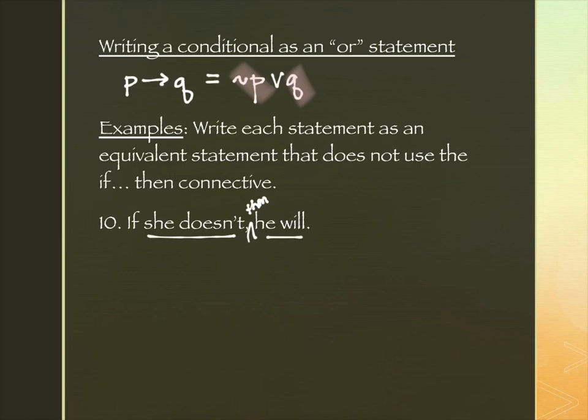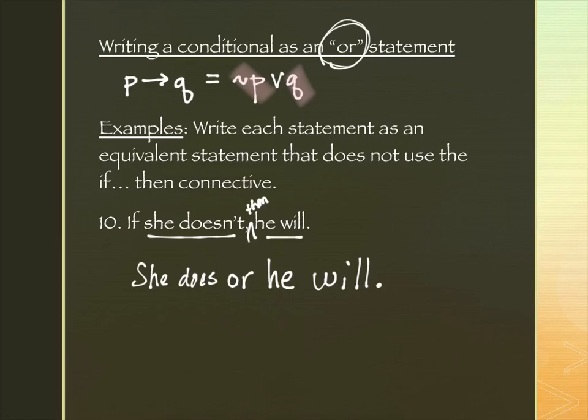The first statement says she doesn't. So what's the negation of she doesn't? She does. And then I won't have an implication anymore. I'll have the word or. This becomes an or statement. And then I leave the he will the same. She does or he will.